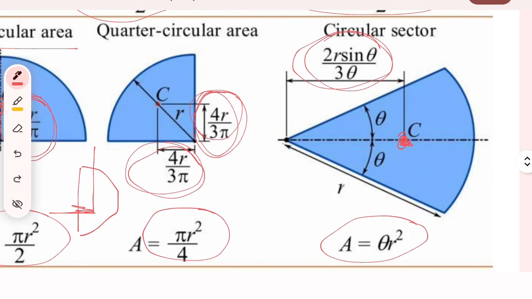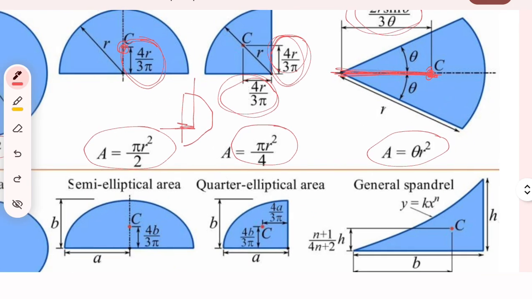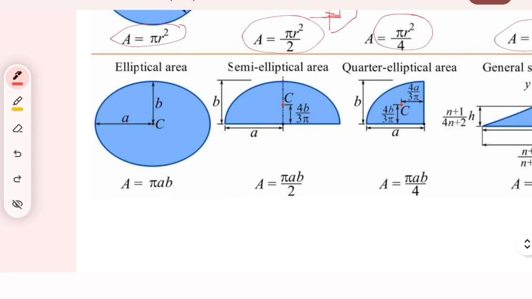And remember again, this distance is the one that is referred to by that formula. That formula refers to this distance, 2r sine theta over 3 theta. Always remember again how it is oriented, all right? So you'll never be confused when you have the exam.